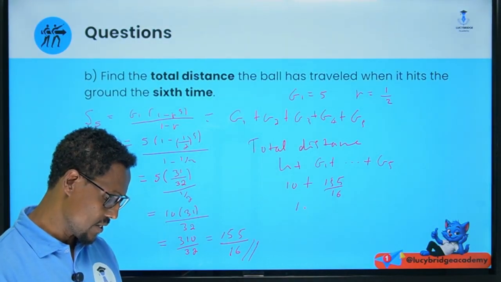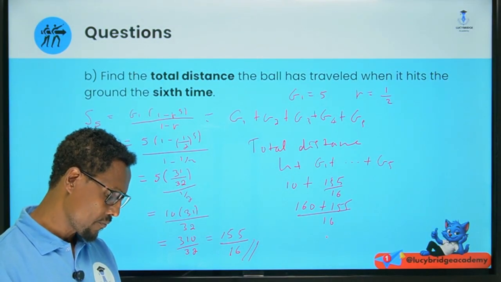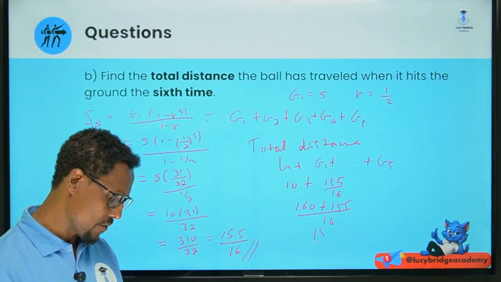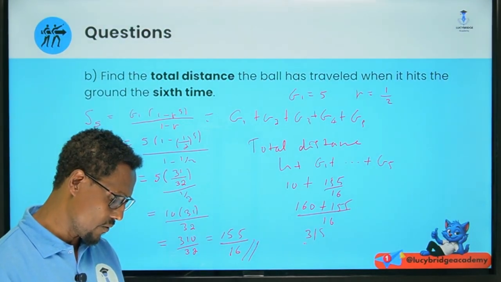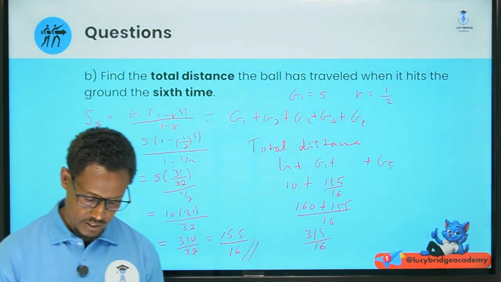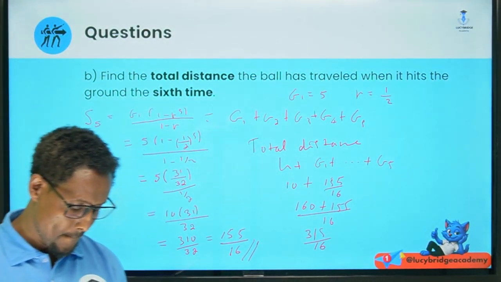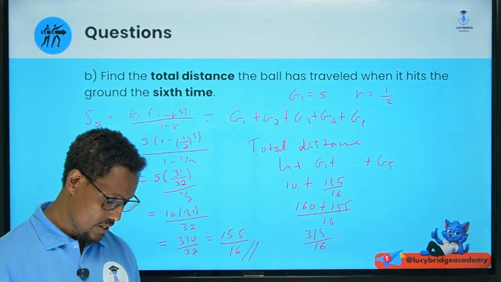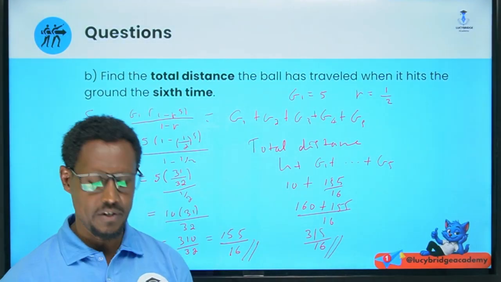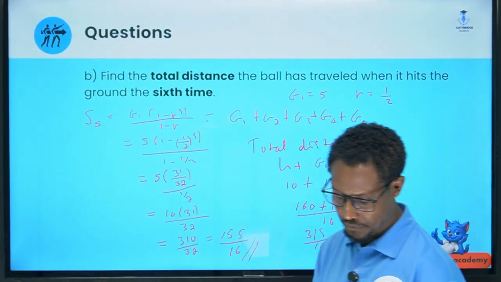Okay, 10 is 160 over 16, plus 155 over 16. This is the total distance: 315 over 16. So this is the total distance covered by the ball.